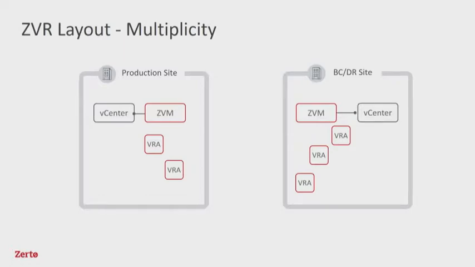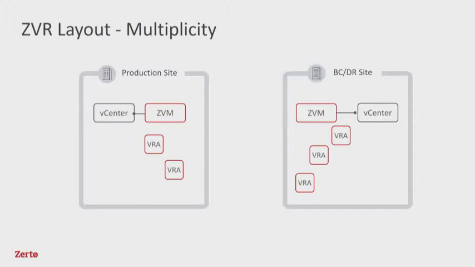Now, you will install VRAs according to your needs. It can be that on the production side, for example, you will have only a few VRAs, according to what you're protecting. At the same time, on the recovery side, you can have dozens or even hundreds of VRAs because you're accepting loads from different sites.